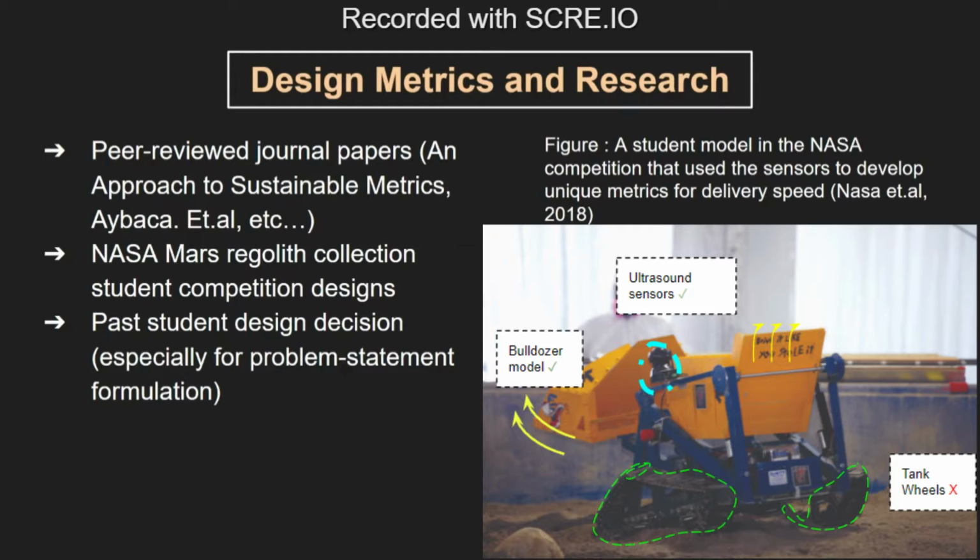And some of the metrics were also used basically from paper sustainable metrics, which basically allowed us to consider what sort of metrics could be used to determine the power consumption of rovers, etc.